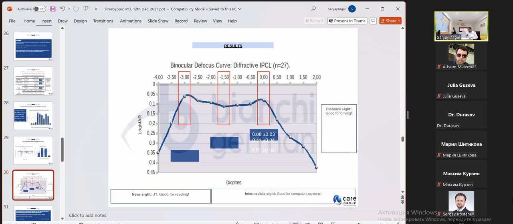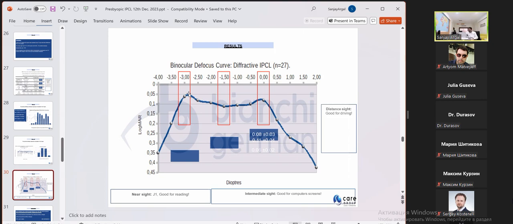So this is the defocus curve for intermediate, distance, and near. Здесь представлена кривая дефокуса для ближнего, промежуточного и дальнего расстояния. So good quality of vision for all three focus points. Хорошее качество зрения для всех трех фокусных точек.